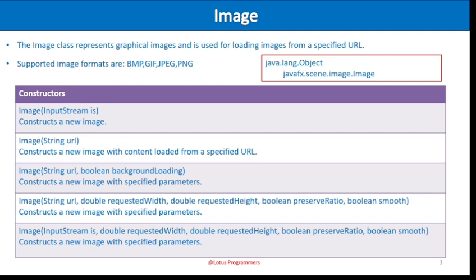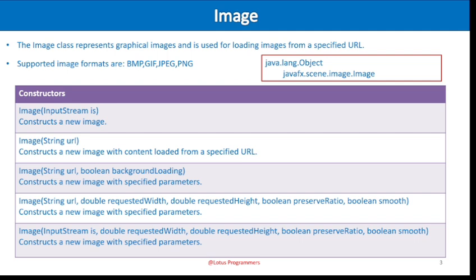Next, Image with arguments of URL, requested width, requested height, preserve ratio and smooth. The width and height arguments specify the size of the image: requested width specifies the width of the image, and requested height specifies the height of the image.